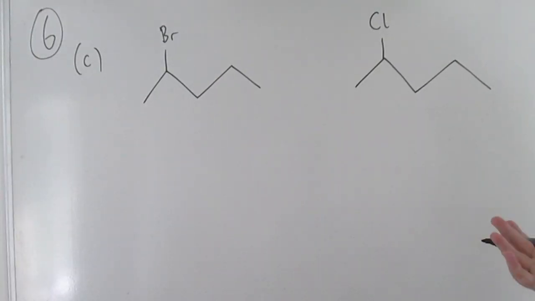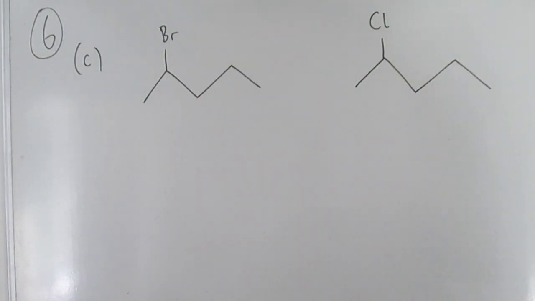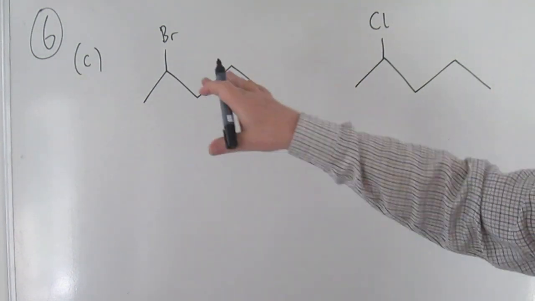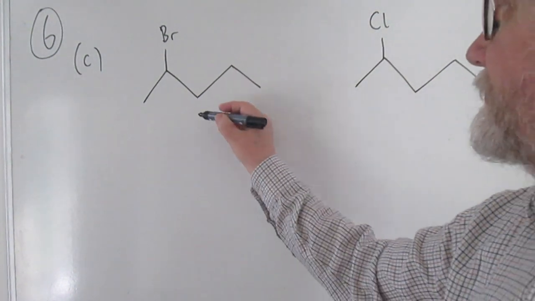Part C is just taking you back to one of the key things you learnt when we did haloalkanes, which was to ask you to compare the rate of the reaction of 2 different haloalkanes in a nucleophilic substitution. So these are the 2 we're being asked about, 2-bromopentane, 2-chloropentane, and what you need to remember is that this one will be faster, first of all.